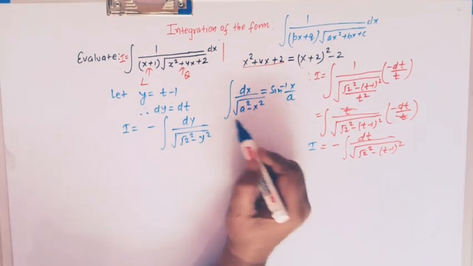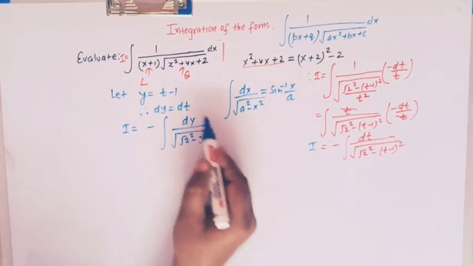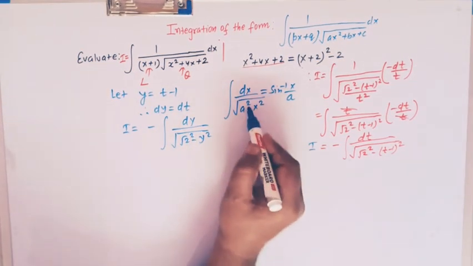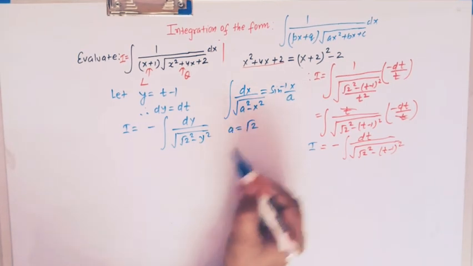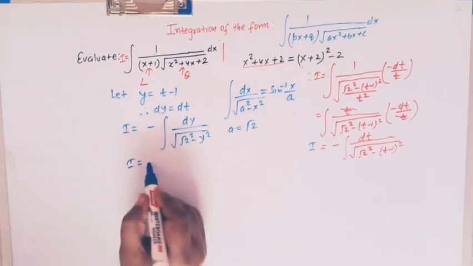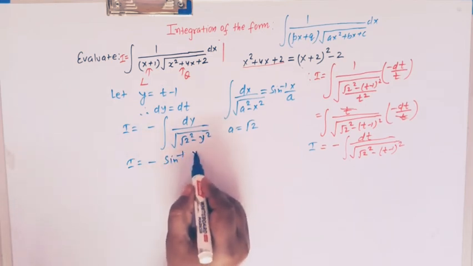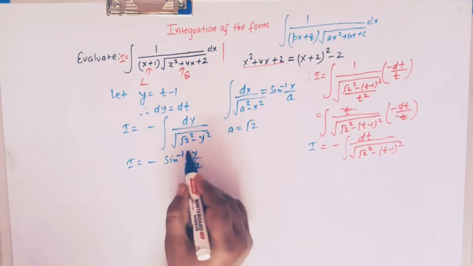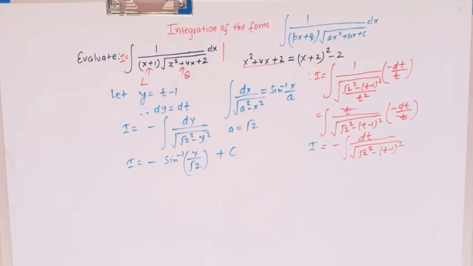So this is the standard integral, and if we compare, then this integral resembles this one, and here a is equal to root 2, right? So I is equal to minus sine inverse y over root 2, and c is the constant of integration, right?